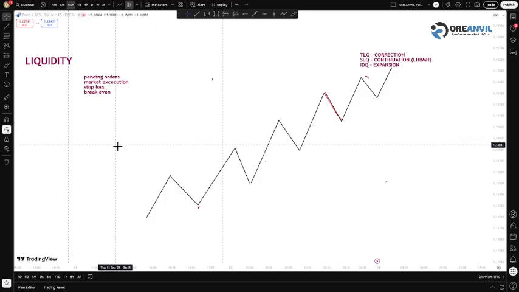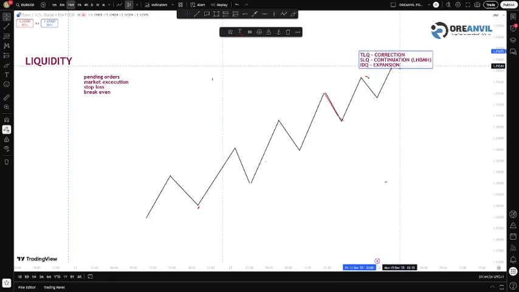Okay, let me show you this. Transactional liquidity is responsible for correction. Take note of that. Put that in your mind. Transactional liquidity is responsible for correction. The reason why we are giving these a name is for you to focus only on the liquidity that matters in the market, which are these three liquidity. Transactional liquidity and inducement liquidity are totally different.